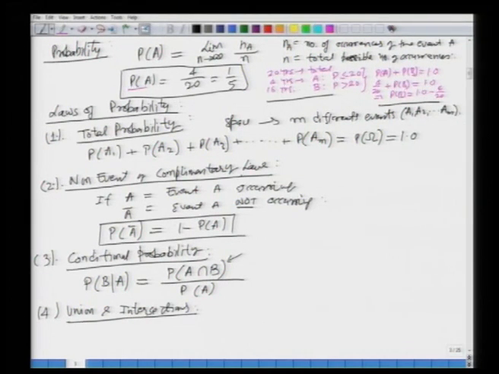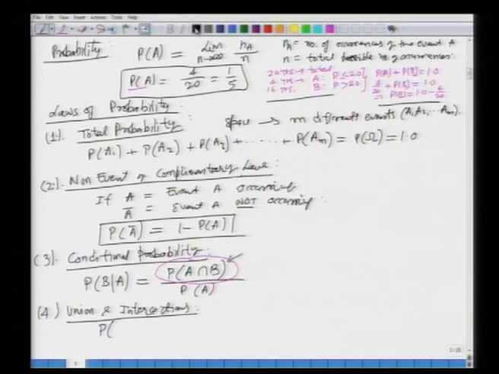So, what are the unions and intersections? We will look at this concept. Let me first give you the relationship about this. So, if you have events A and B, see, if you look here in the conditional probability, in the numerator we have A intersection B. So, you have two events A and B, and we want to find out their unions and intersections.